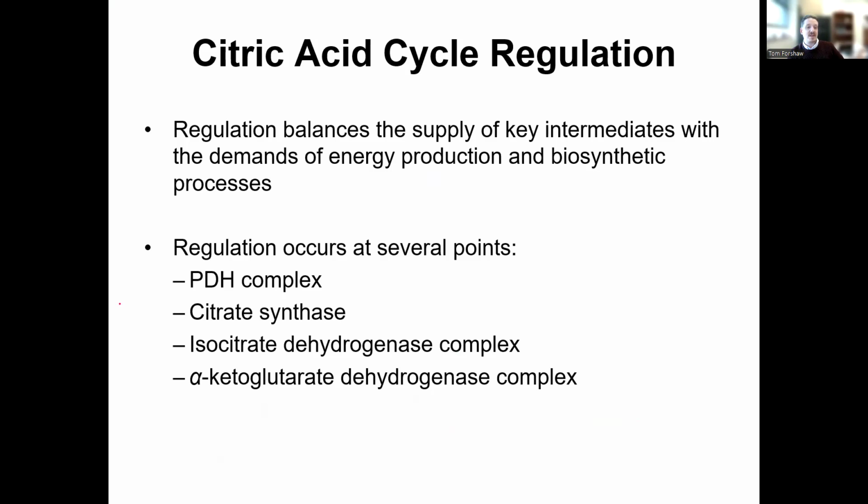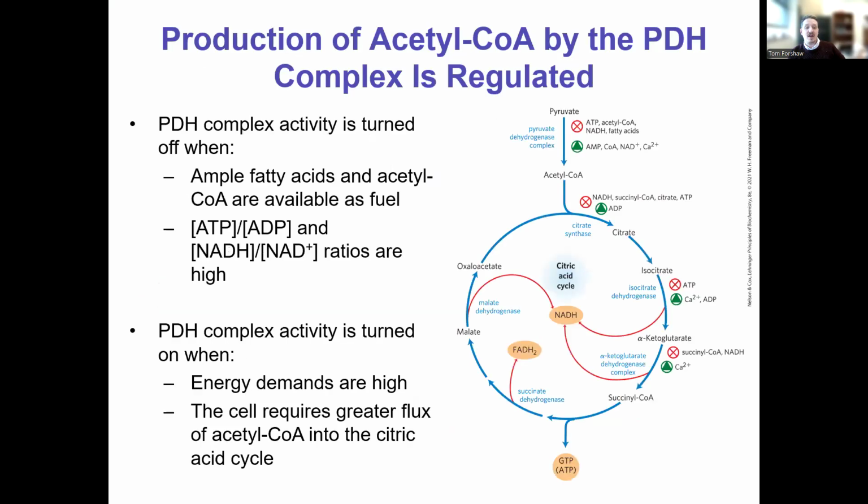And so various enzymes such as PDH, citrate synthase, IDH, alpha-ketoglutarate dehydrogenase have regulation points where, for instance, they have allosteric regulation, where a buildup of energy, ATP, NADH, which is signaling we already have a lot of energy, will be negative allosteric modulators of these enzymes to switch them off and slow down their activity. Or later metabolites are negative allosteric modulators to say, hey, slow down.